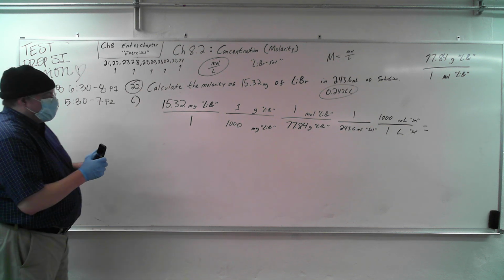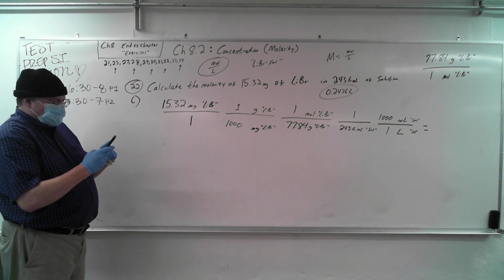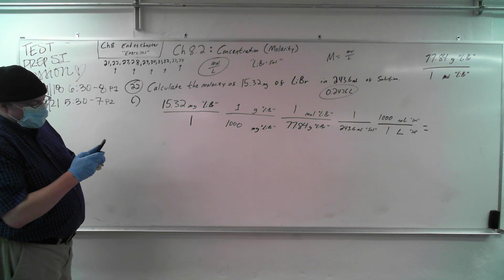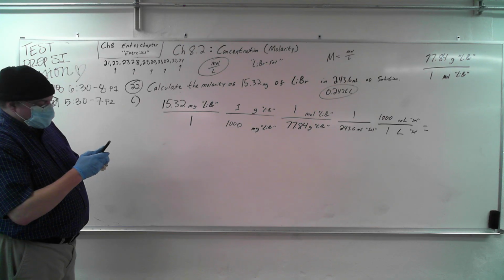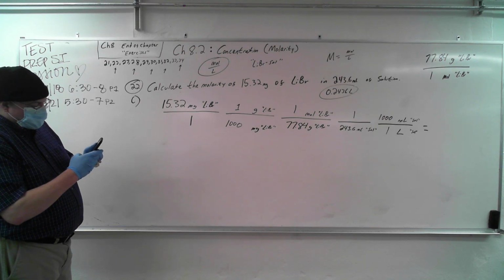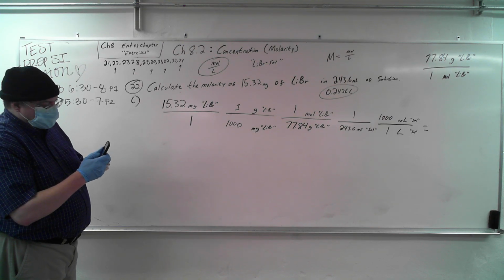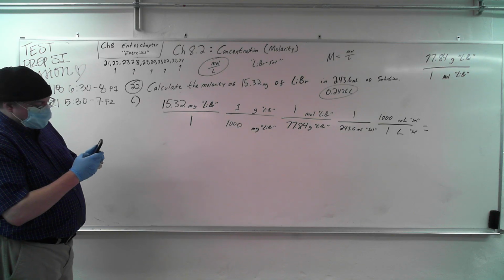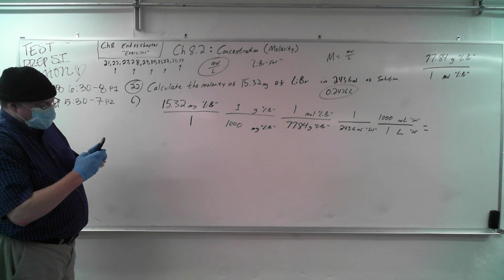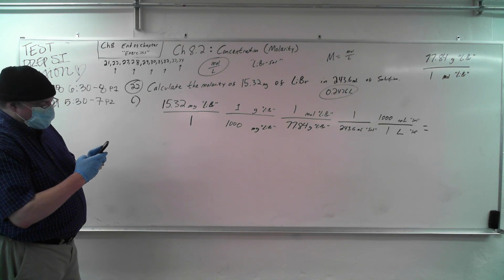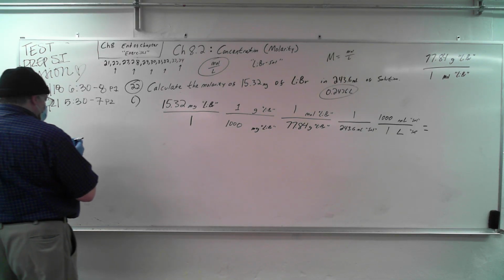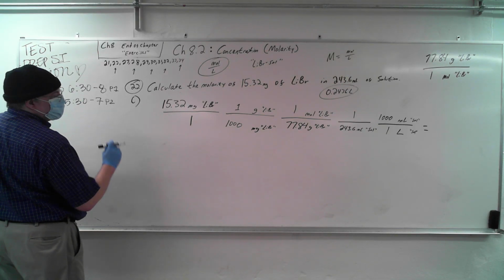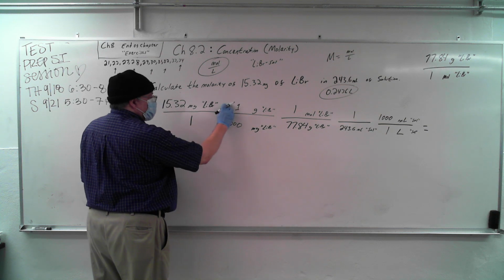Let's see what we get. 15.32 times 1,000 divided by 1,000 divided by 77.84 divided by 243.6, and I get these are exact, both of them.